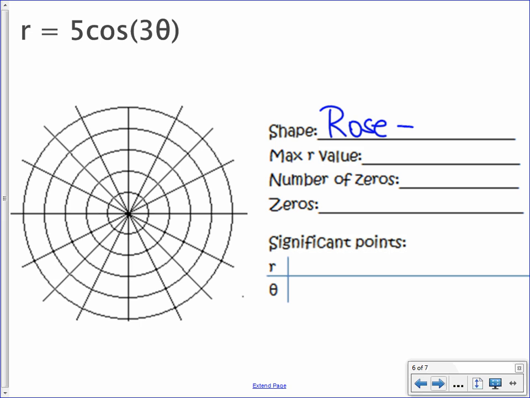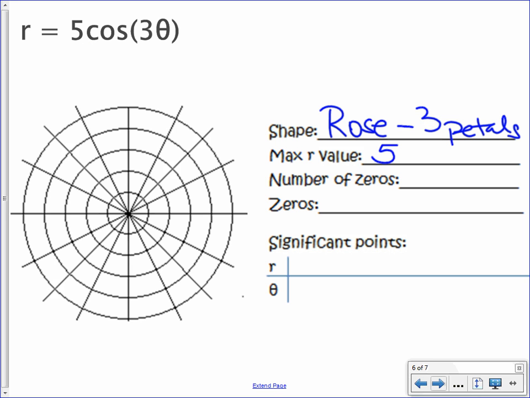Tayson, how many petals do we have? We have 3 petals, because of that number right there. Madison, how long are each petal? 5. That number is 5, so our petals are 5 in length.